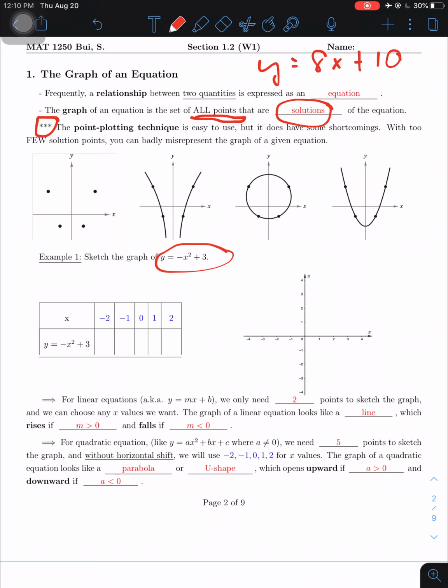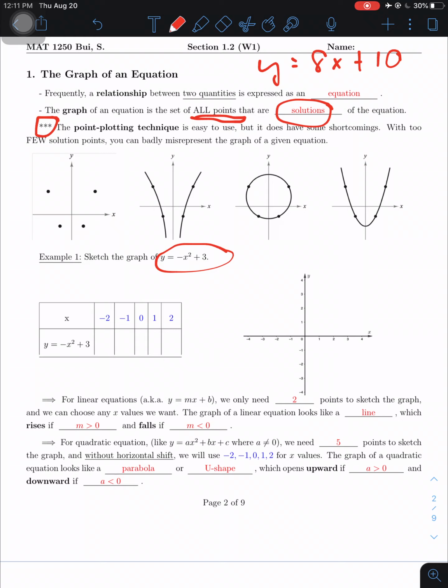For example, with too few solution points, you can badly misinterpret the graph of a given equation. For a line, if you don't have a power on x or y, it should be simple, right? You just need to plot 2 points and there you go, there's a graph.